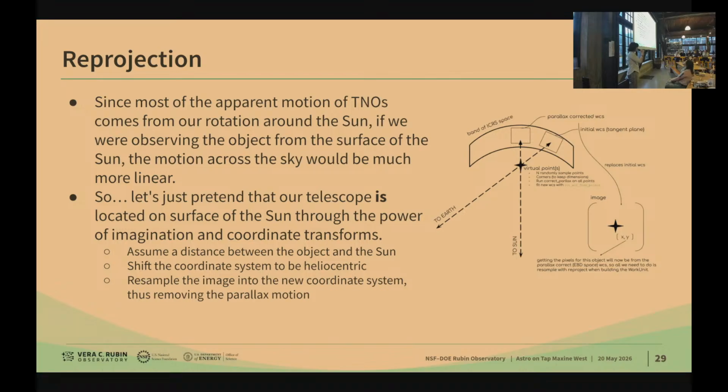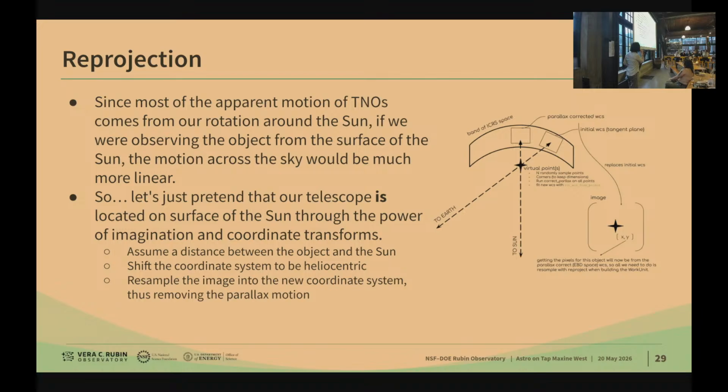So why don't we just pretend that we do that? Let's assume a distance between the barycenter or the heliocenter, the center of the solar system or the center of the sun, and then let's shuffle all of our image data around so that it looks like we are looking at this image from the center of the sun.